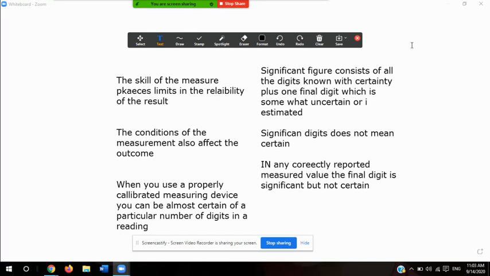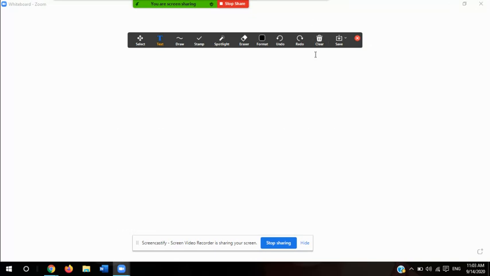So when we talk about significant digits, there are some rules that pertain to significant figures, which is what we're going to go over now. So I'm going to go ahead and clear the whiteboard, and we're going to start working with the rules for the significant digits. Give me one sec while I retrieve the file.